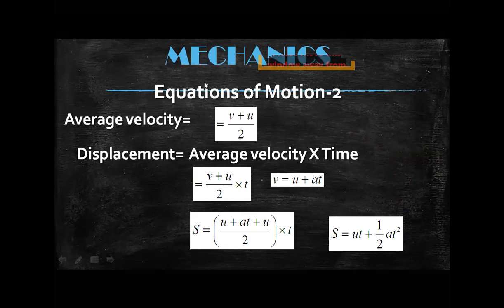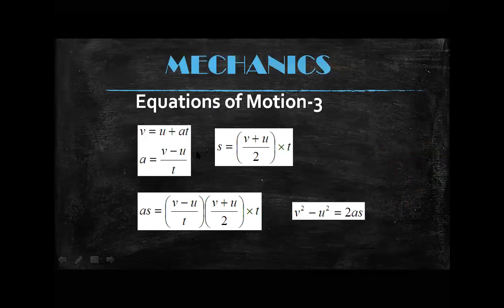Can I move on? Yes, sir. So the last equation, equation of motion 3. For this, you need to know some very basic definitions. One is the first equation, v is equal to u plus at.